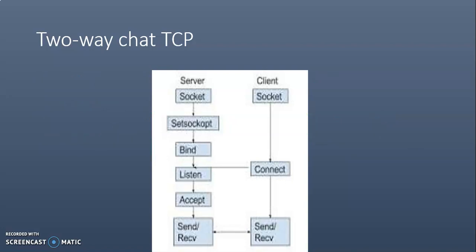So from this diagram we can understand there is a server which is ready to listen to the connection that is created by the client, and once the connection is accepted, the communication is possible.